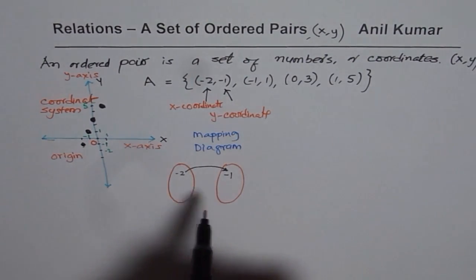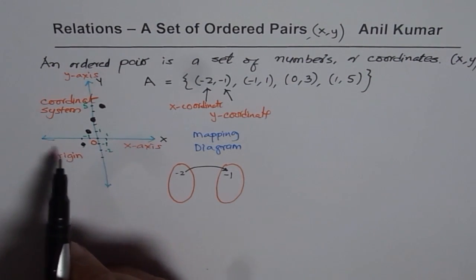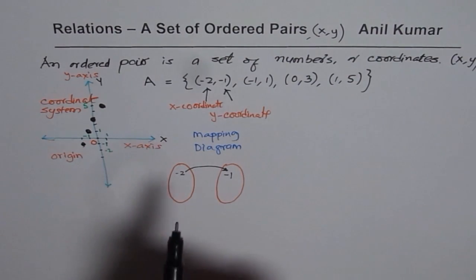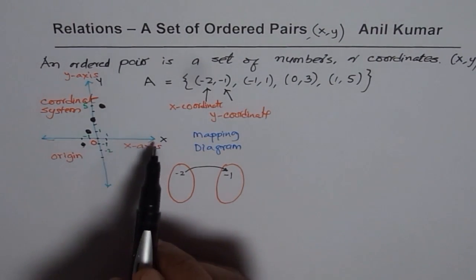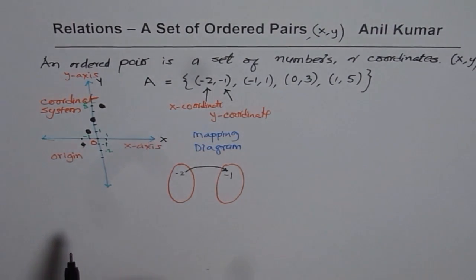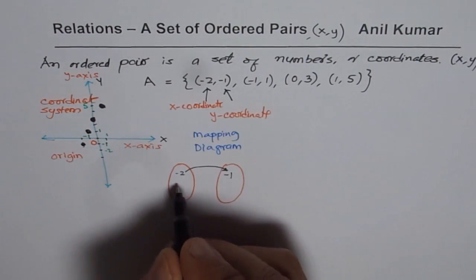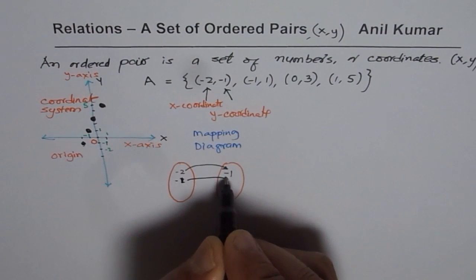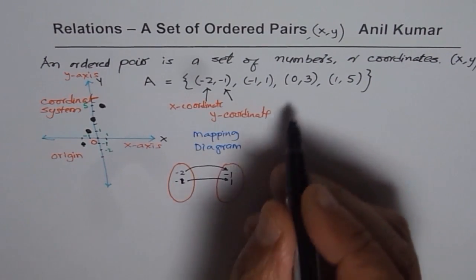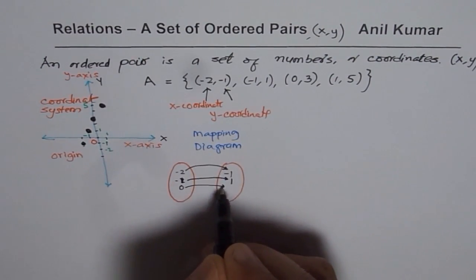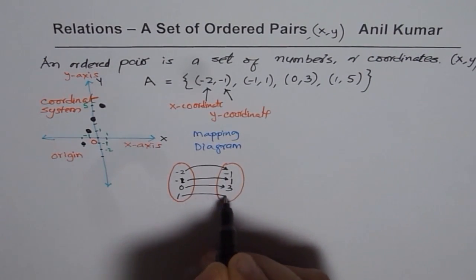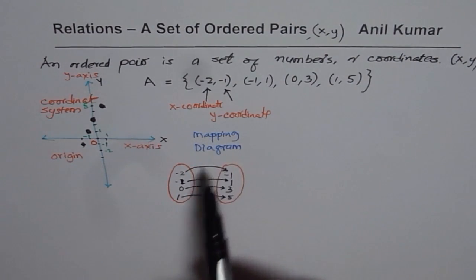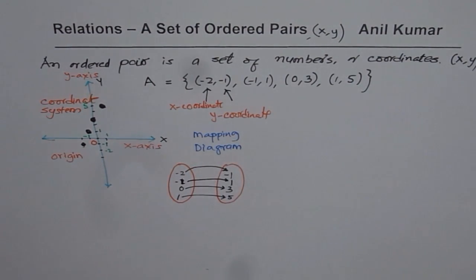You'll recall that on a coordinate system, the independent variable is x, dependent is y, and in an input-output machine we will consider x as the independent variable, right? And then -1 is related to 1, 0 is related to 3, and 1 is related to 5. Correct? So you can make a corresponding mapping diagram showing the relation.